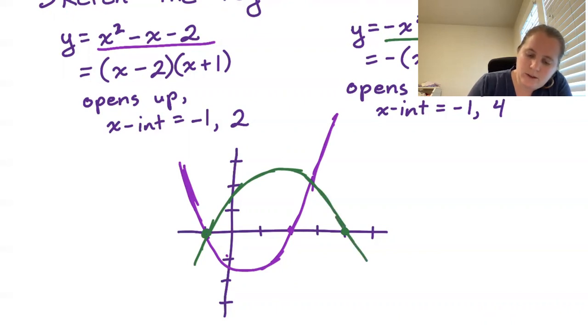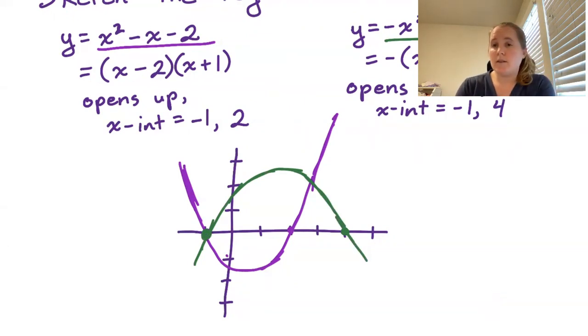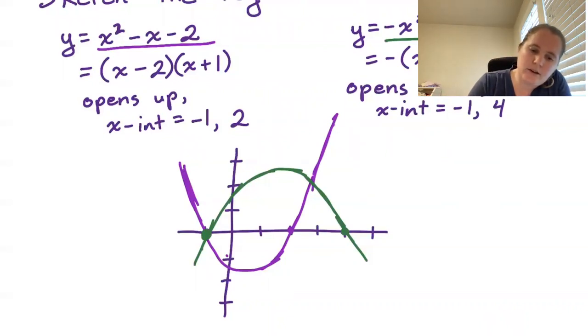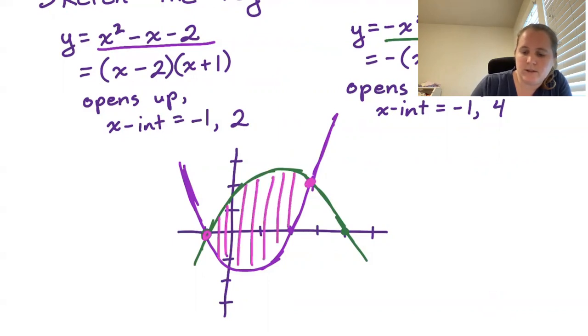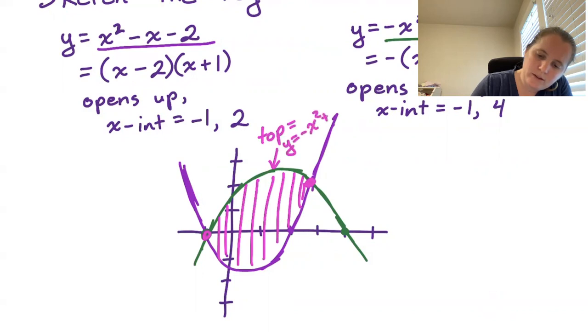And so we clearly have one intercept of x equals -1 for where these two functions cross. And then our job is to find the other one. Sometimes you have to find both. We're just lucky in that this one was right there. So we want this region. The green function is my top, so that's our y equals -x squared plus 3x plus 4.